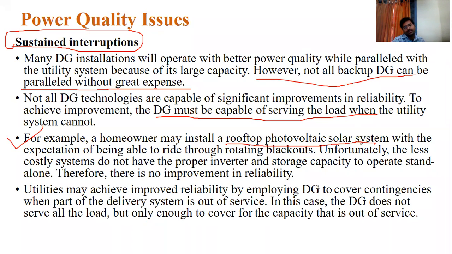But here we are talking about these interruptions, and for the rooftops and all other things, in most cases they are supplying not that reliable inverters and all other things. This may affect the storage capacity of the batteries and other things. So this may lead to reliability issues, interruption issues.